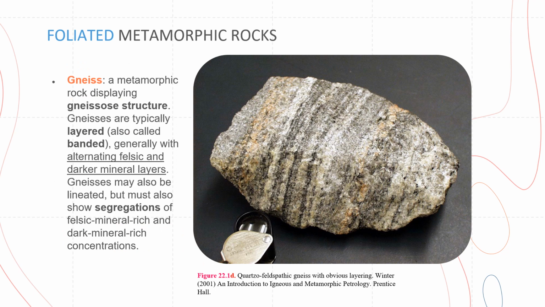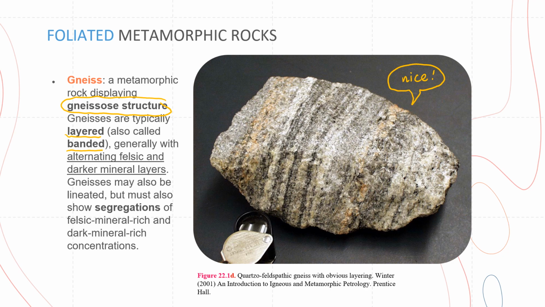Last on our list of foliated metamorphic rocks is a rock called gneiss. Gneiss is a metamorphic rock displaying gneissic structure, and gneisses are typically layered. Some people also call it banded, where it has alternating felsic and darker mineral layers.